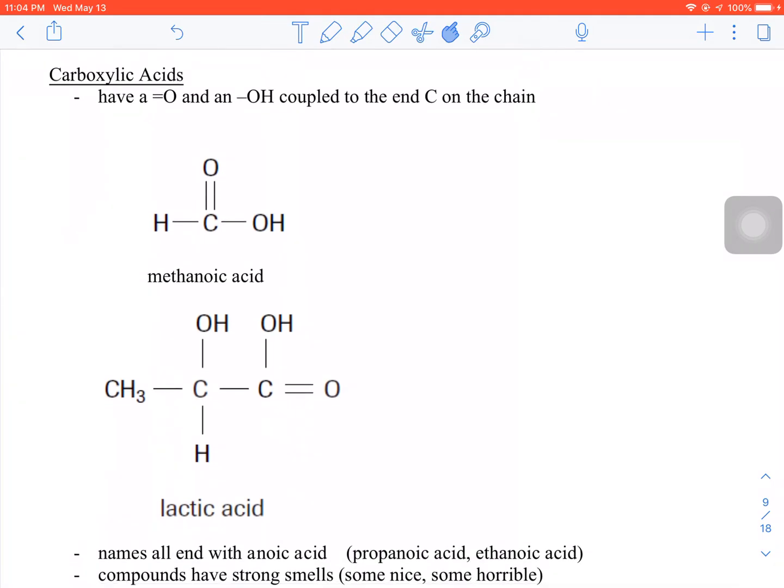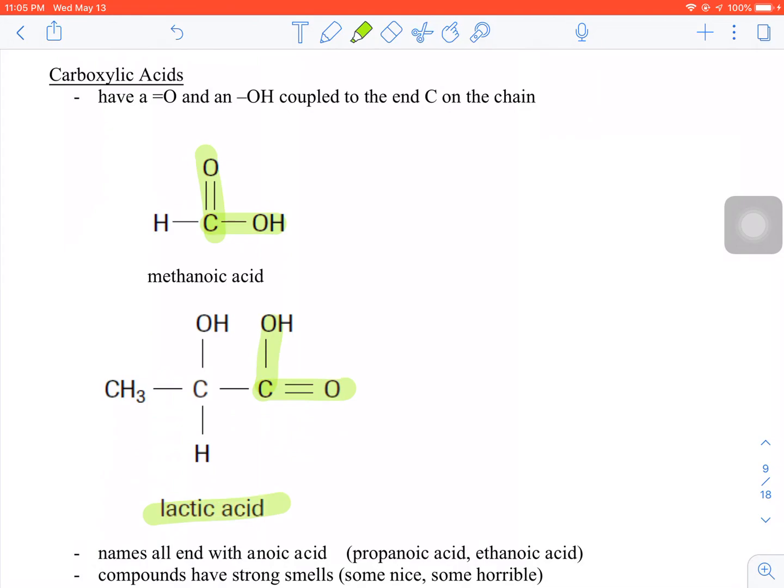There are carboxylic acids. The carboxylic acids have a C double bond O and an OH on them, right? And that makes it a carboxylic acid. C double bond O and an OH on the terminal carbon makes it a carboxylic acid. This carboxylic acid is called lactic acid. It's the one that people can have reactions to.